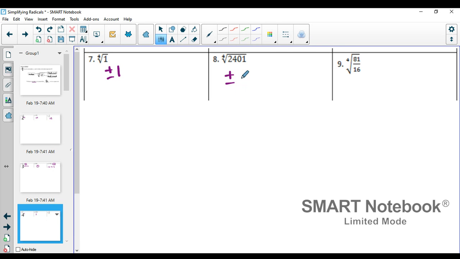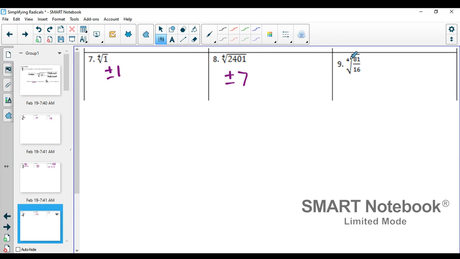We just have to figure out what the fourth root is. So the fourth root of 2,401 is 7. And once again, you can Google this, you can type it into Desmos. There is a way to do it on your calculators. So that answer is plus or minus 7.